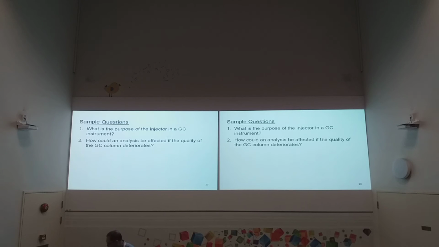You won't get very good separation. Okay, fair enough, that may happen. What else? Because we say the column is the heart of the instrument, where the actual separation happens. If this column is damaged, no more separation. No more separation, similar to his comment, right? What else? Your machine doesn't work basically.